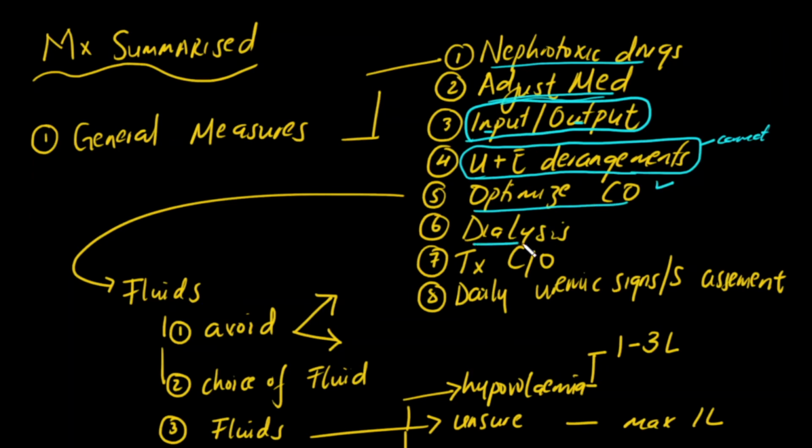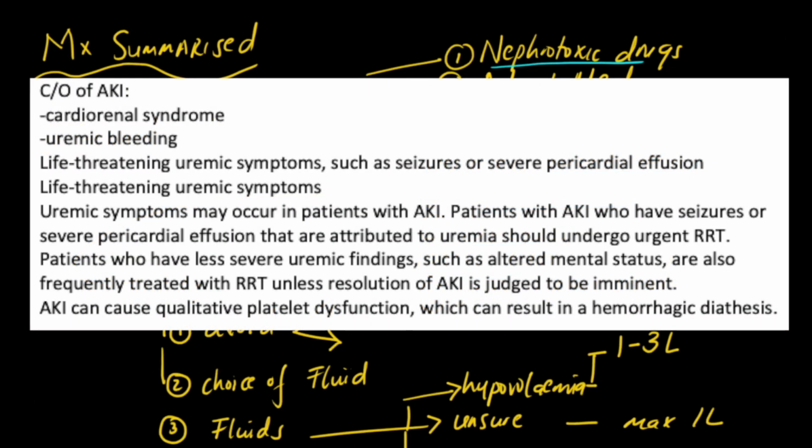Okay, we have already talked about patients that will need dialysis or renal replacement therapy. We have talked about the indications, and also very important, you have to treat the complications. Okay, treat the complications as I'm highlighting them there. Remember, whether you're having cardiorenal syndrome, uremic bleeding, or life-threatening uremic symptoms like seizures or severe pericardial effusion. Okay, so these things you have to manage them.